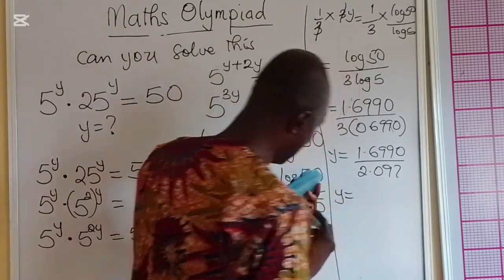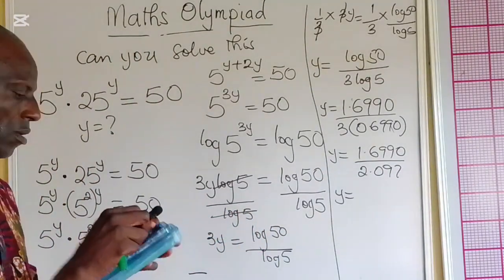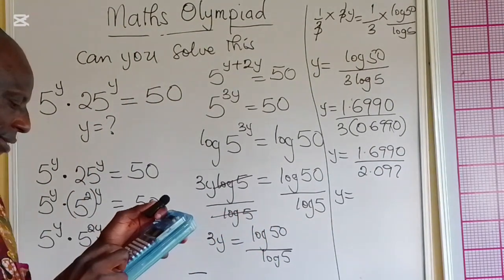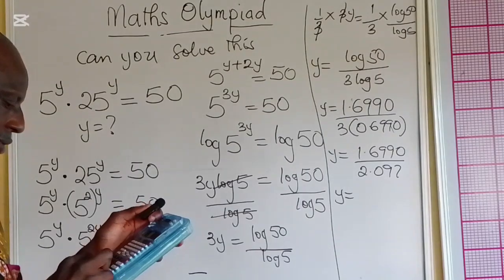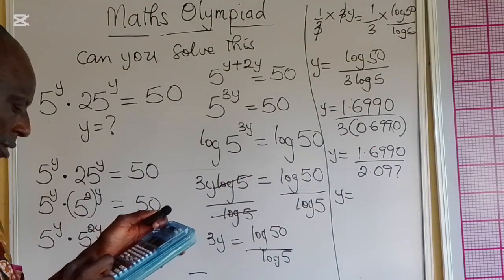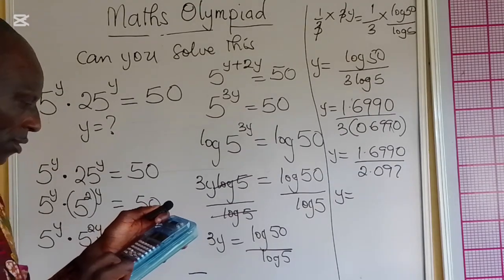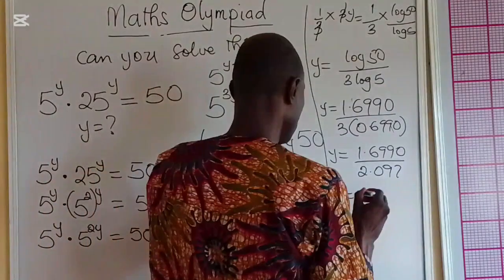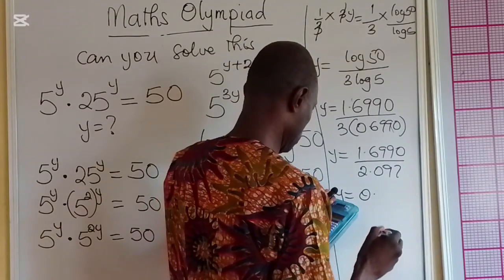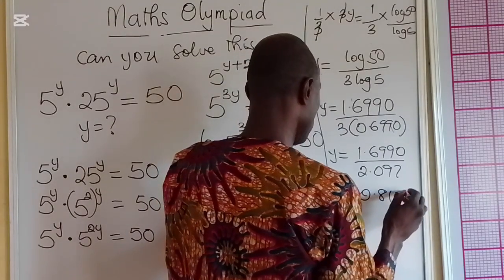We are dividing now. 1.6990 divided by 2.097 gives us 0.8102.